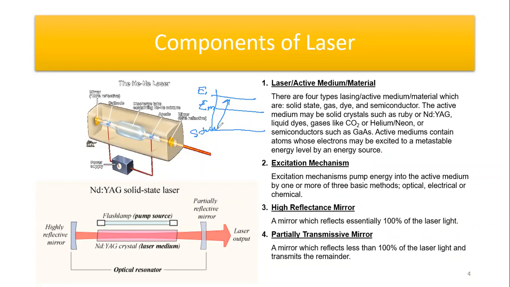But that particular atom stays at the excited state. It always wants to go to the stable state down here, but sometimes it will move from there to here, to the metastable state first, before it jumps down here. That's what they meant by this: the active medium contains atoms whose electrons may be excited to a metastable energy level by an energy source. Okay.